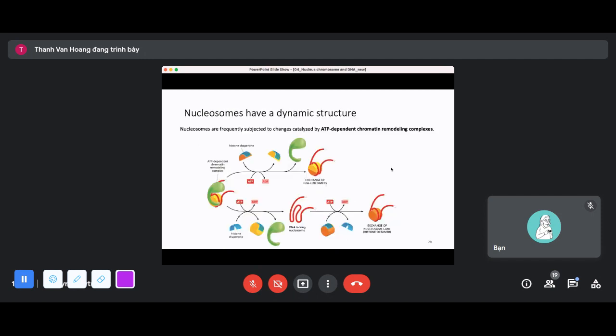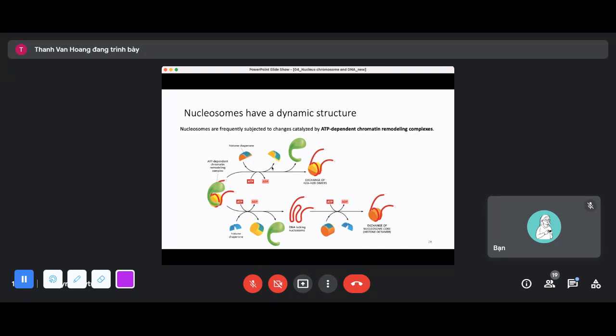The histone composition of the DNA is not really flexible, but it can be changed.